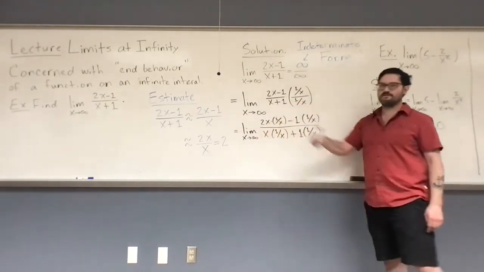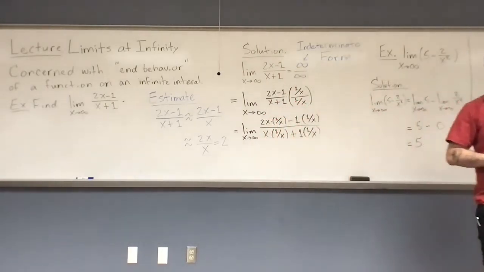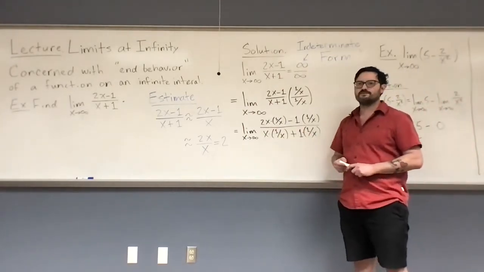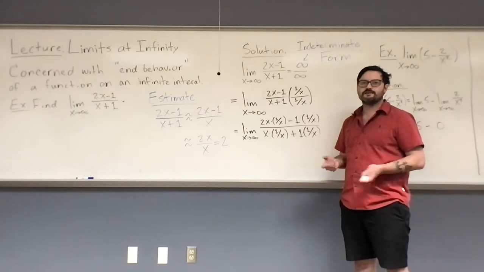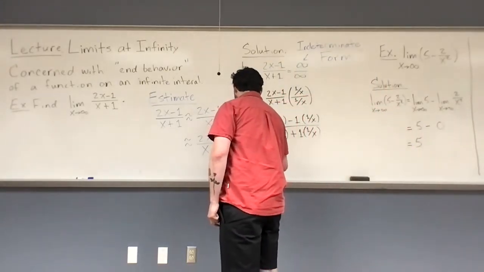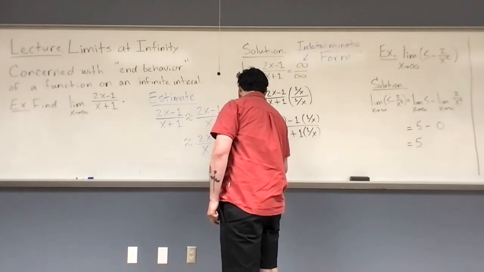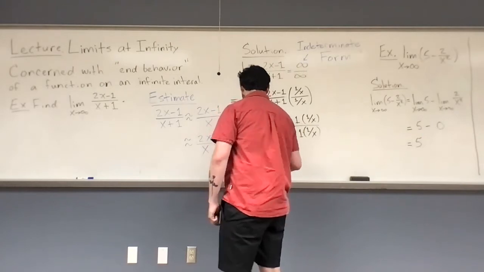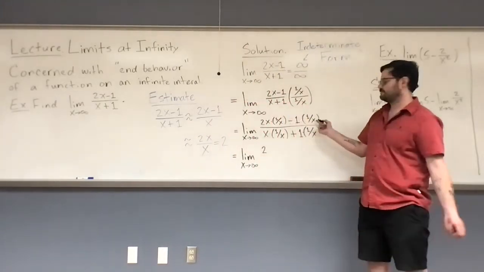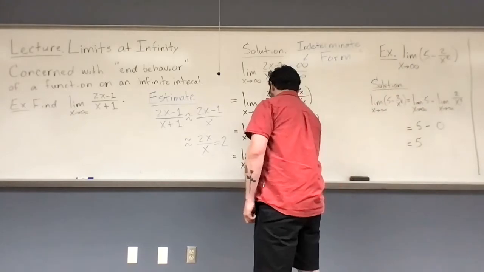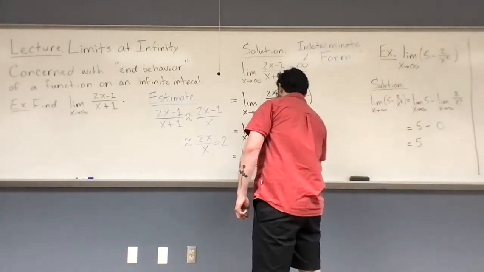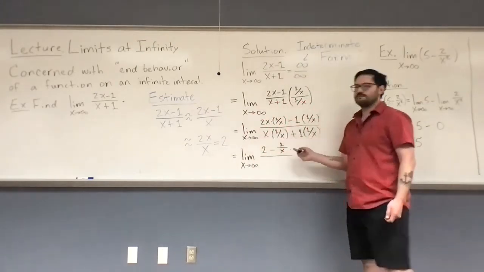Right? I just distributed in. Now 2x times 1 over x is just 2, right? The x's divide out. And then minus 1 over x. x times 1 over x is just a 1.